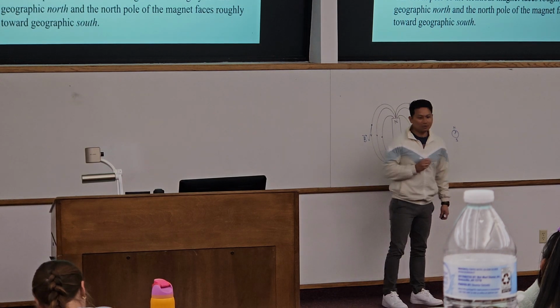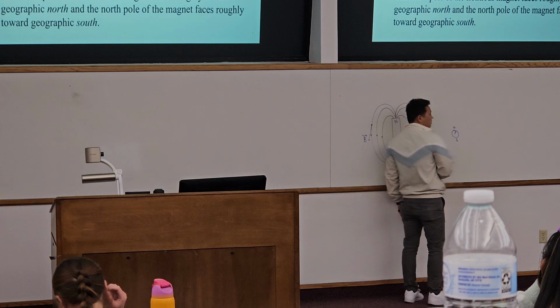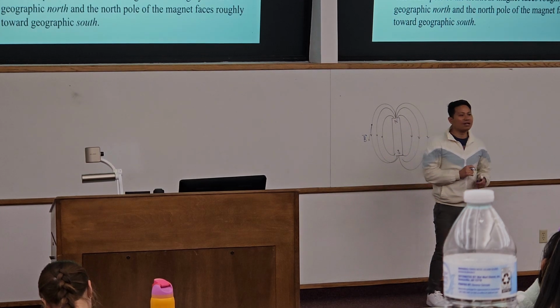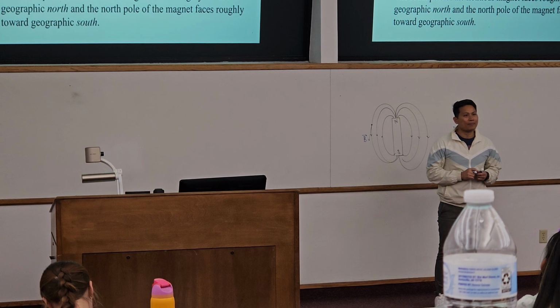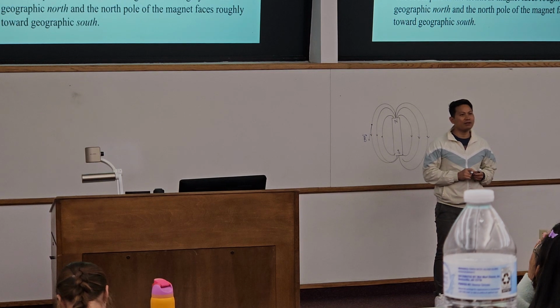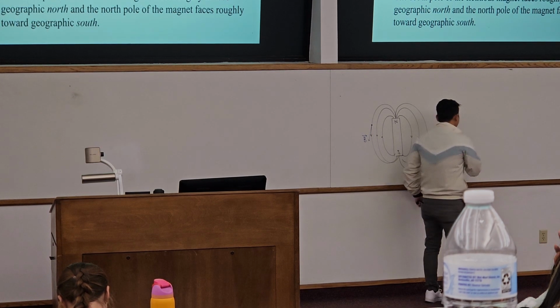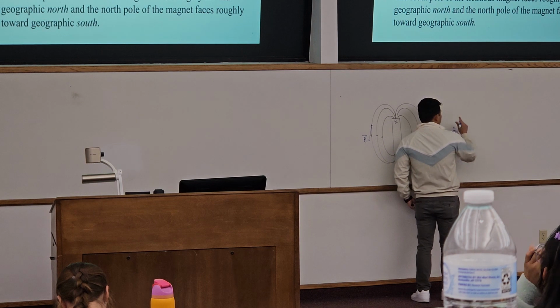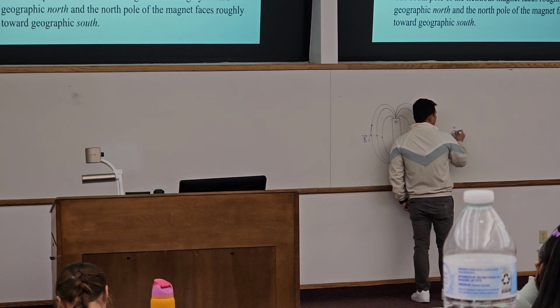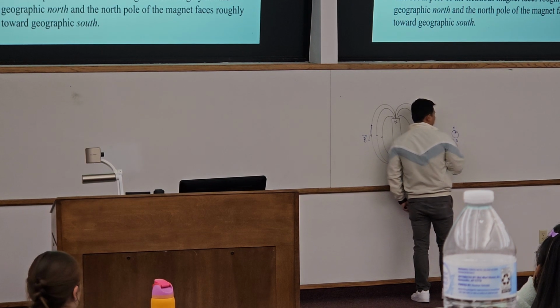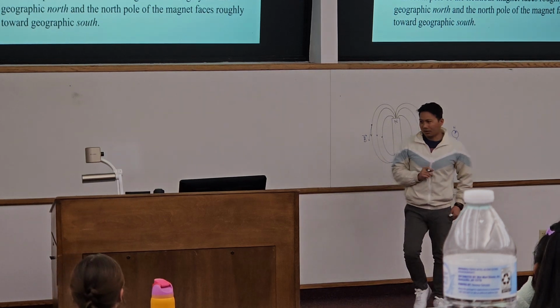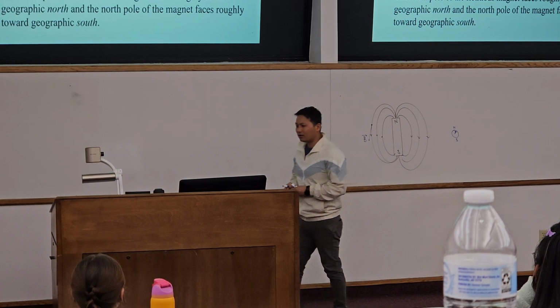This works because Earth has a magnetic field. North pole and south pole attract each other. So the needle is pointing in the North Pole direction, and the compass is working because of the Earth's magnetic field.